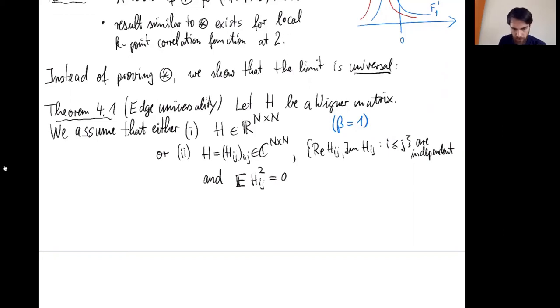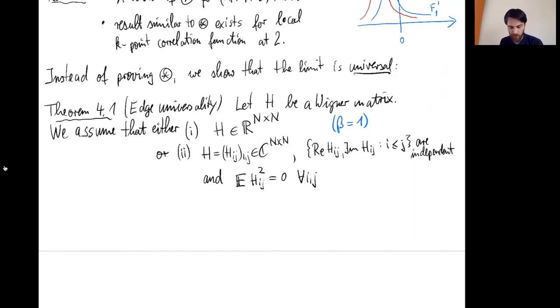in that form maybe, so that the expectation of Hij squared is 0. So of course, if Hij would be real, that would imply that Hij vanishes. But now Hij is complex, so that's the square of a complex number.